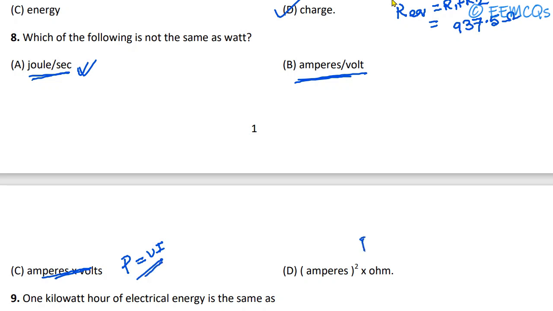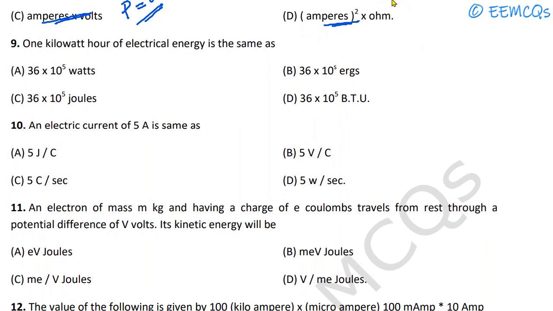And also we know P is equal to I square R, that also gives you power in watts. So this is also true. That means option B is the correct answer here because it is not representing the power in watts.